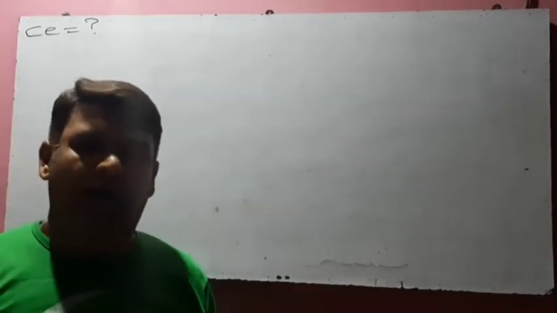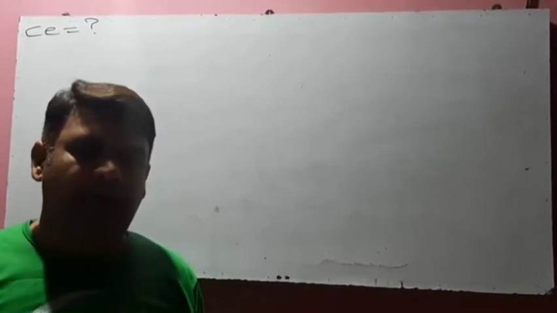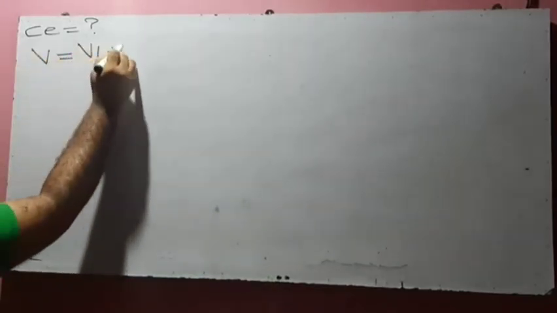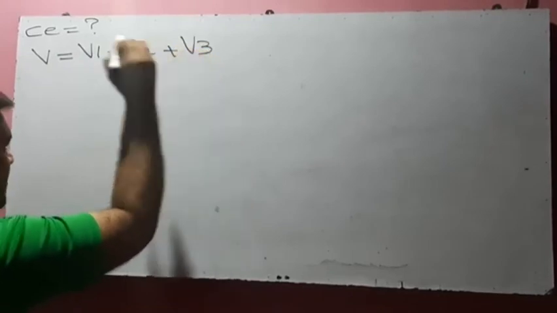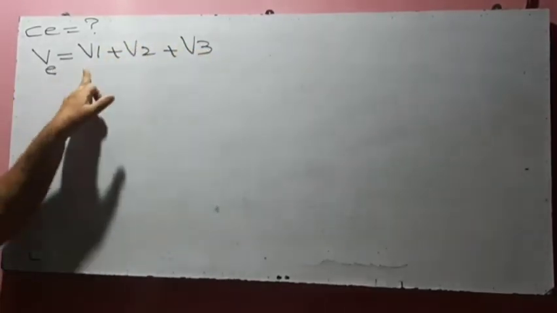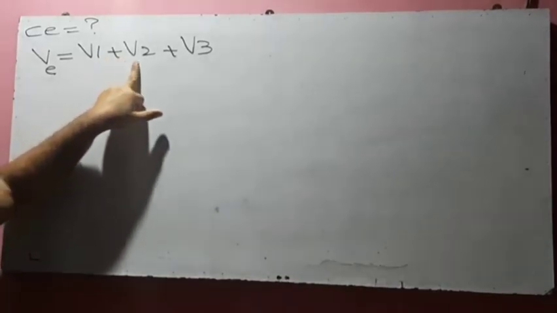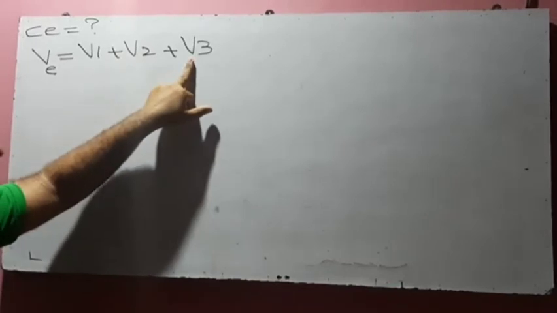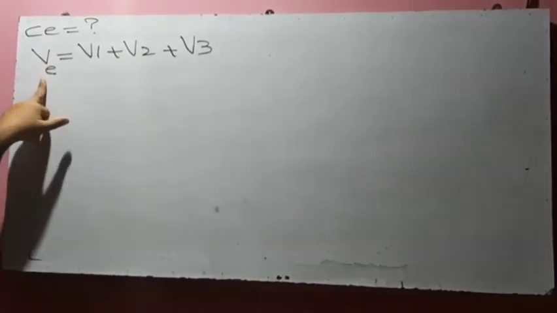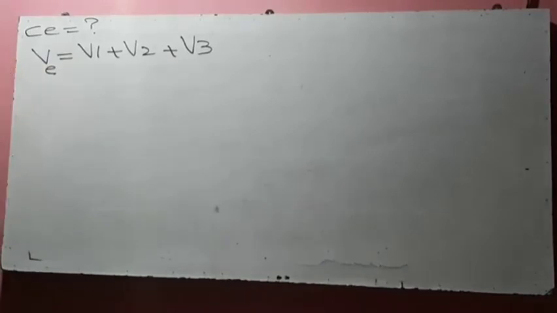So the total capacity can be found by the equation of the capacitor, that is V is equal to V1 plus V2 plus V3. This is the VE. Now this voltage V1 is across the first capacitor, V2 across the second capacitor, and V3 across the third capacitor, and this voltage is the voltage across the equivalent capacitor.